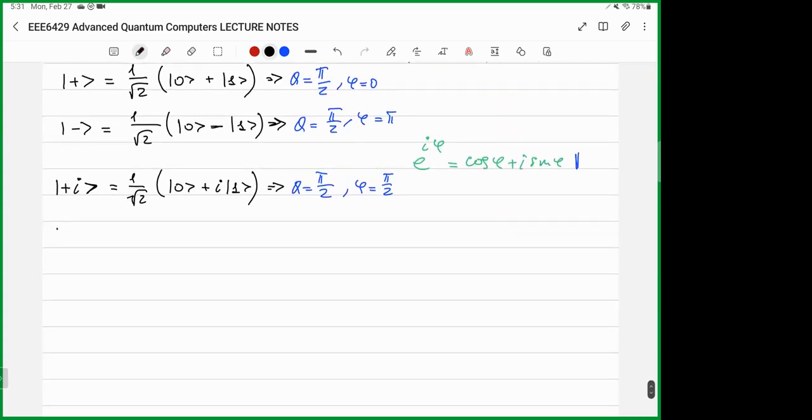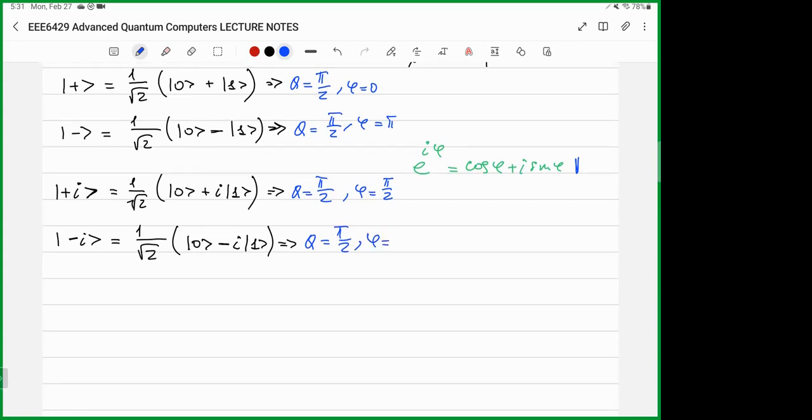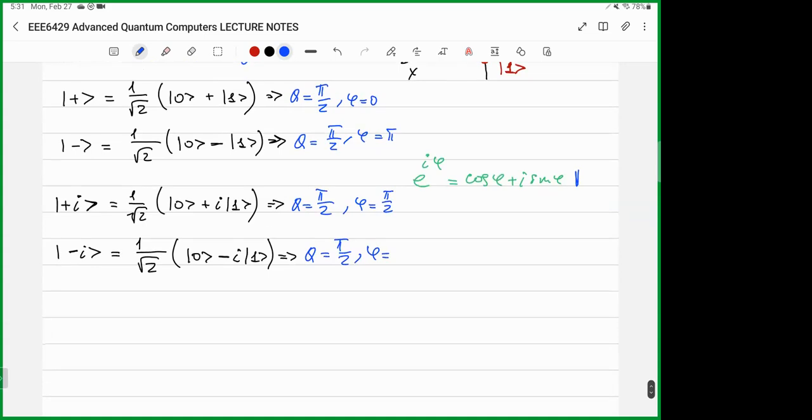And finally, the last state minus i, it is nothing but 1 over square root of 2, 0 state minus i, state 1. Again, theta is supposed to be equal to pi over 2, and phi is equal to either minus pi over 2 or 3 pi over 2.